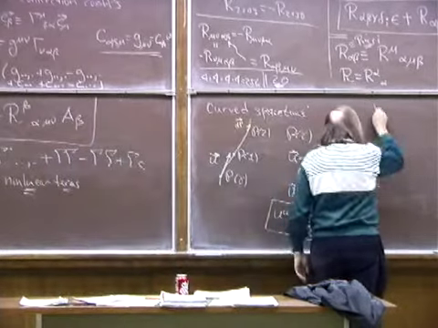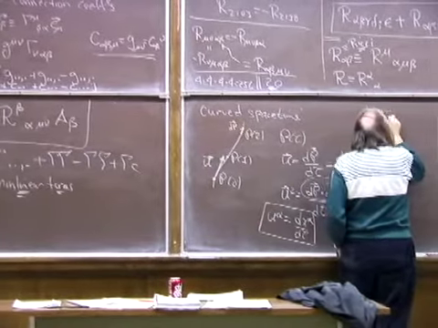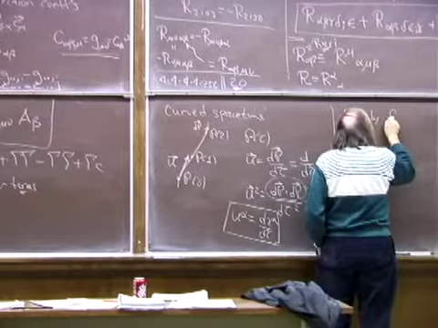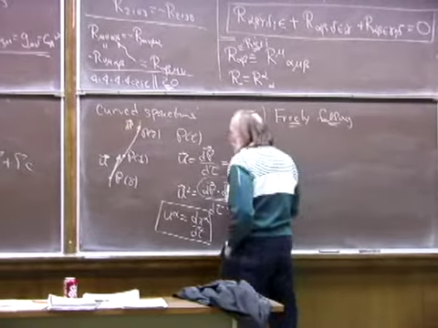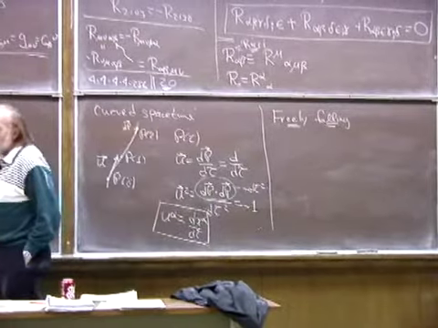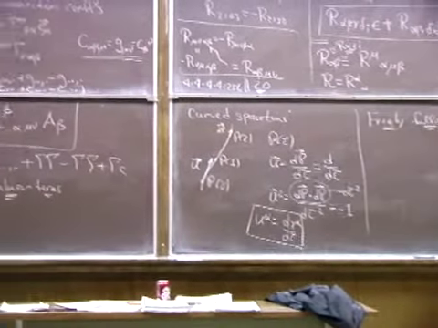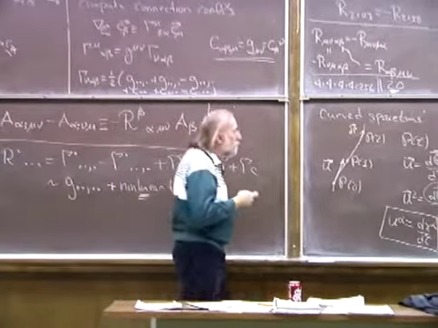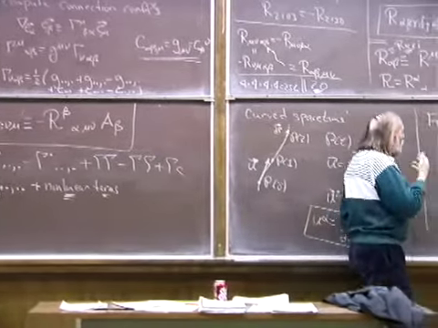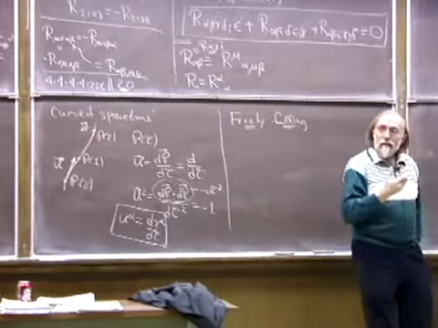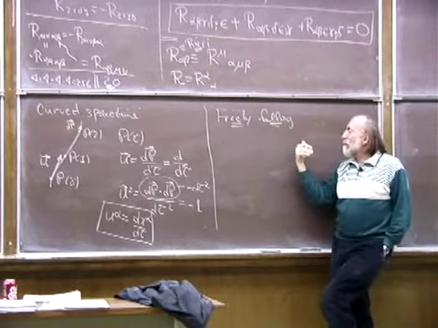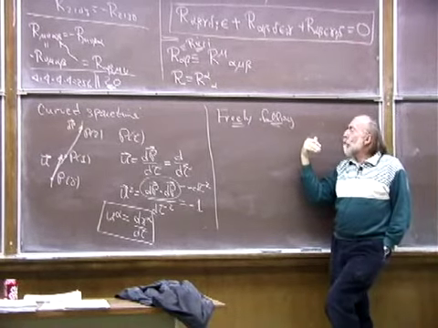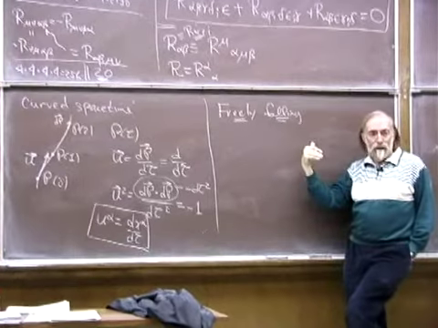Now, if this particle is freely falling, freely moving, with no forces on it other than those associated with space-time geometry, other than those associated with gravity, then by analogy with what happens in flat space-time, it must move along a straight line.